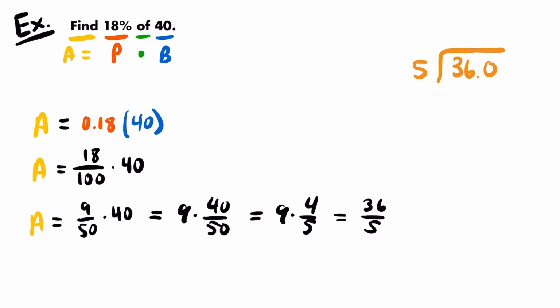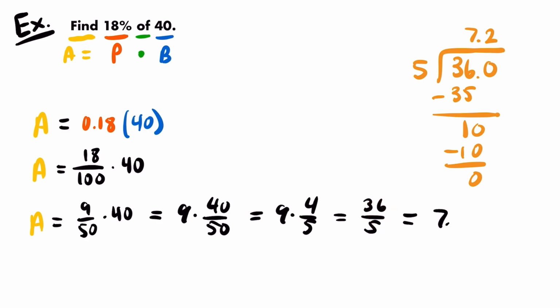Well, 5 times 7 is 35, so we'll have 7, and then write down 35 and subtract that, and you'll be left with 1.0, or you can just think of it as 10. How many times does 5 go into 10? 2, because 5 times 2 is 10. So I'll write down a 2, subtract 10, we get 0. There's no remainder. Just remember to put in the decimal place. 7.2 is the result of 36 divided by 5.